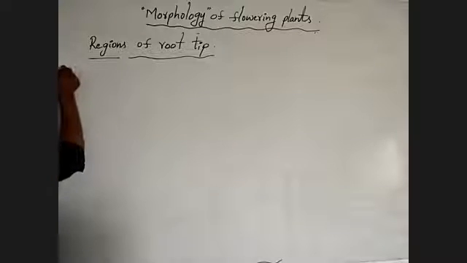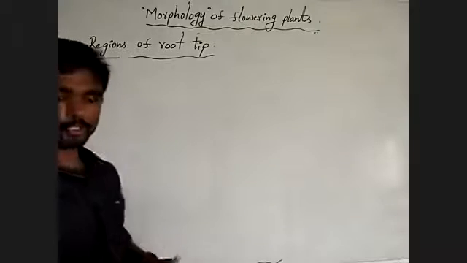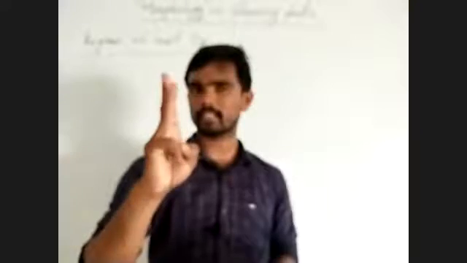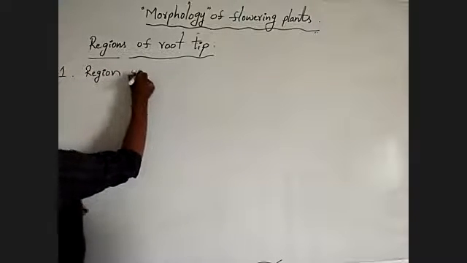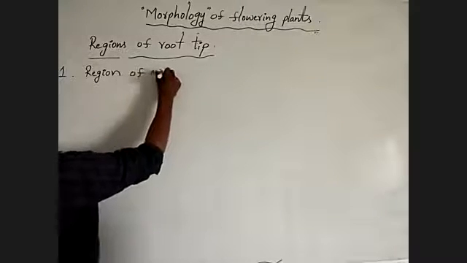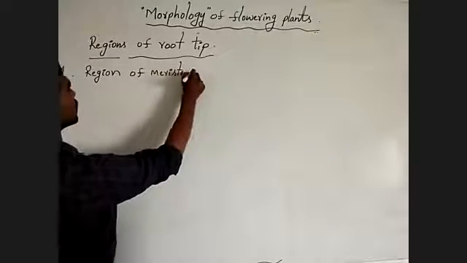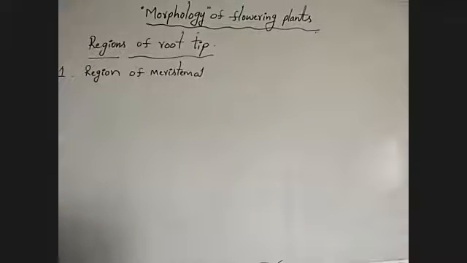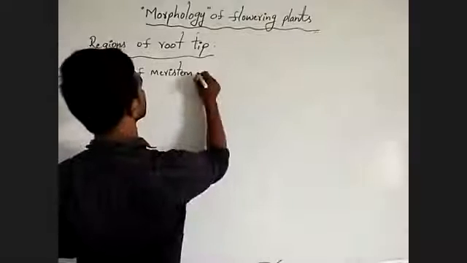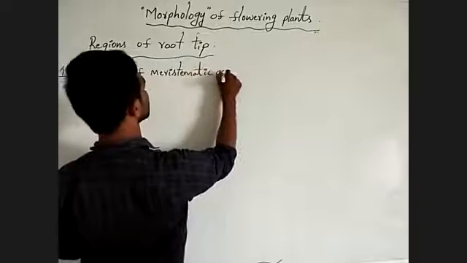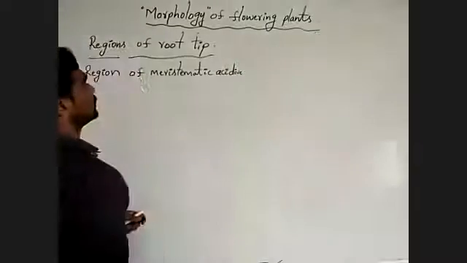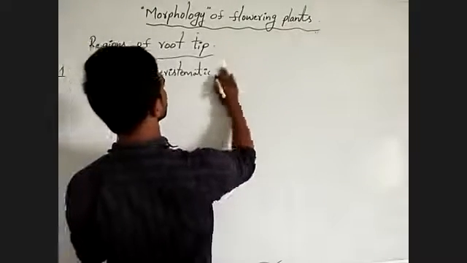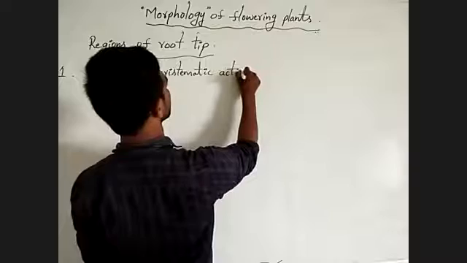How many regions are present? When we observe the root tip, there are three important regions. First one, region of meristematic activity.